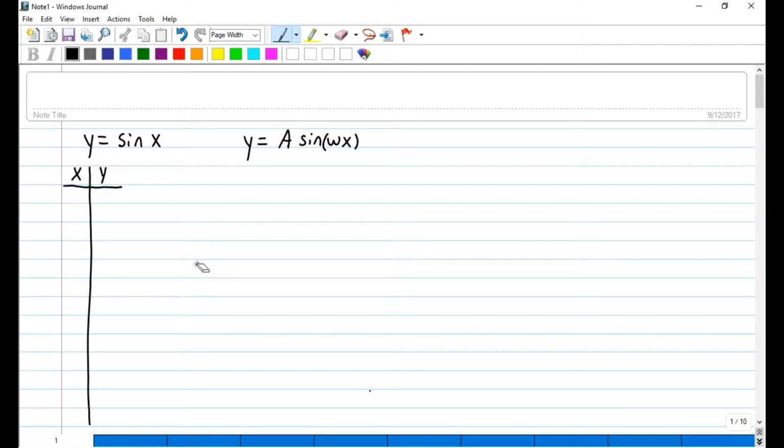So what I'm going to start with, 0, and then I'm going to write the next points that I'm going to use here. My next x values are going to be those common angle measures from the first quadrant. Now, I'm not going to be using degrees. I rarely use degrees. And I know that's probably what you're used to.